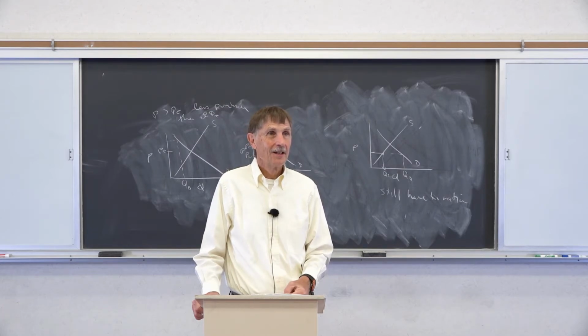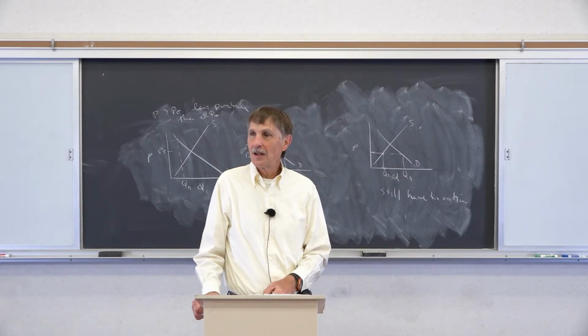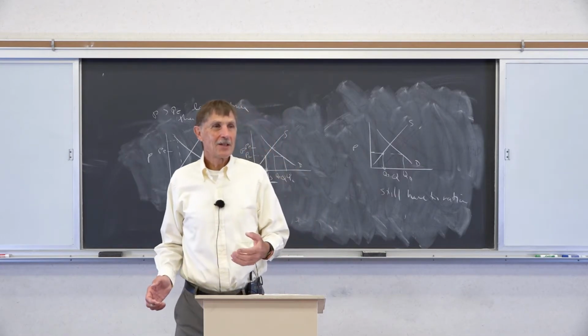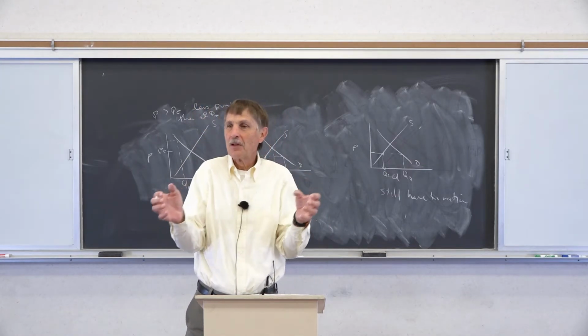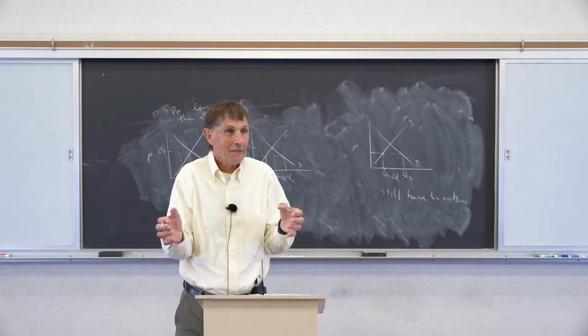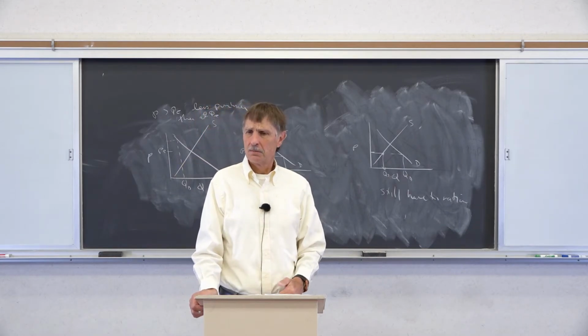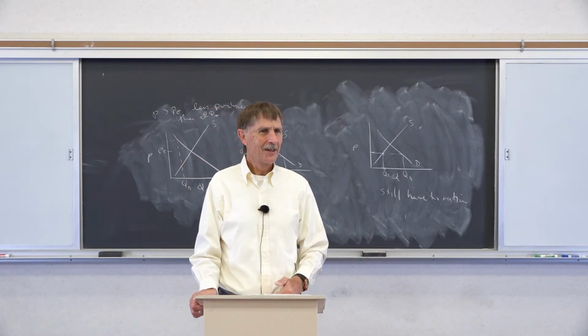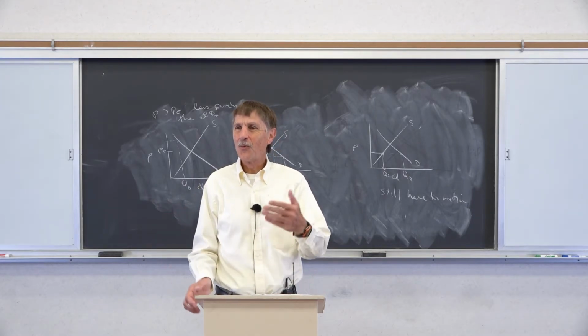I don't know. How many of you have ever seen the scene of the soup Nazi? What is the soup Nazi doing? The soup Nazi is setting the price below equilibrium, right? So people come in and he just goes, no soup for you, right? Why is he doing that?